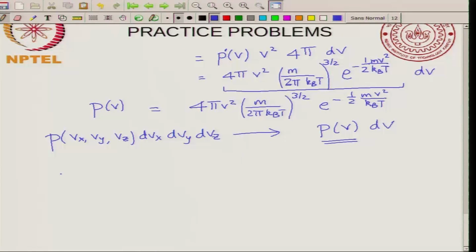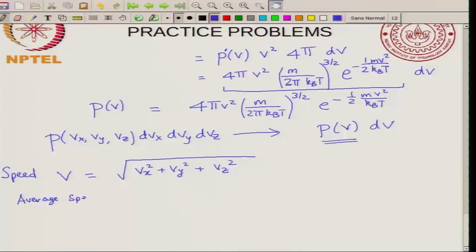So, the speed V is equal to square root of Vx square plus Vy square plus Vz square. So, this is speed, and the average speed is equal to the integral of V times P of Vx, Vy, Vz dVx dVy dVz.